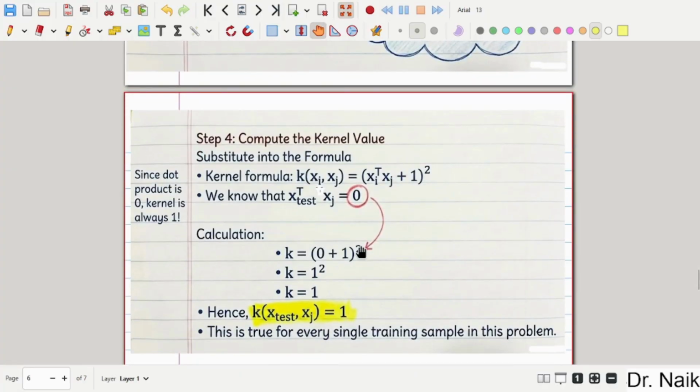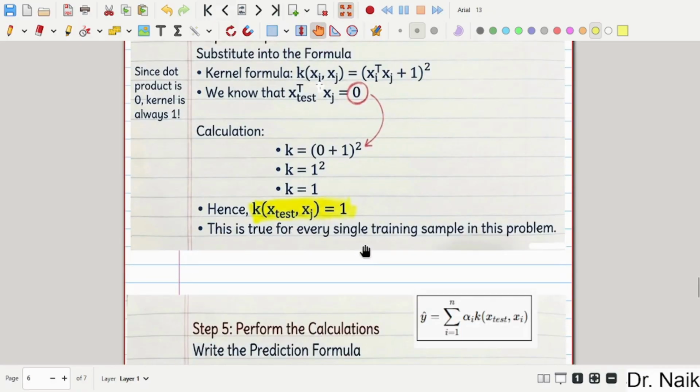So substitute this into the k of xi xj formula, xi transpose xj plus 1 whole squared. We just calculated that xi transpose xj is 0. Therefore k of xi xj is equal to 0 plus 1 squared, that is 1 squared, which is 1. Therefore k of x test comma xj is 1. This is true for every single training sample in this problem.